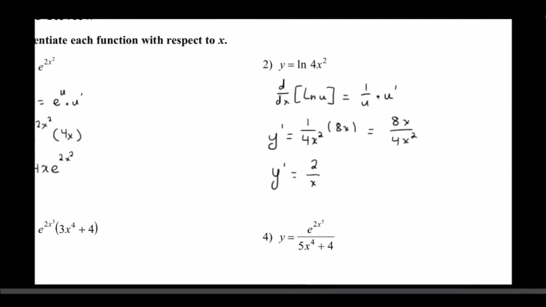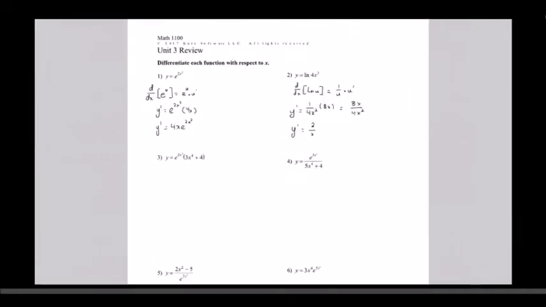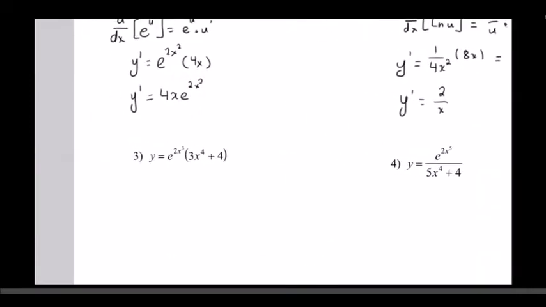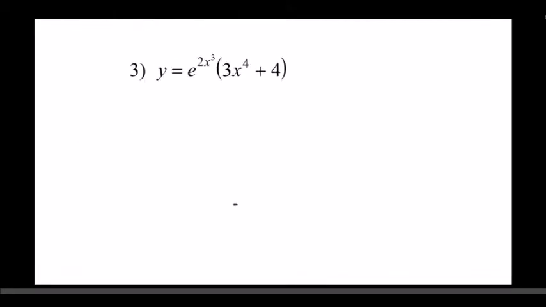Now, question 3 involves an exponential function here, but it's also a product because we have the product of a polynomial, so this is going to be a product rule primarily.